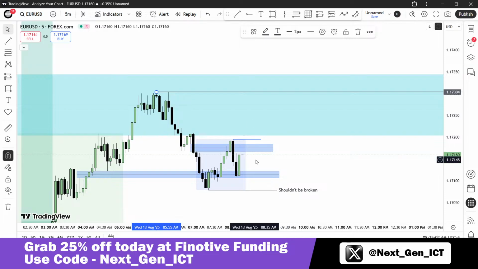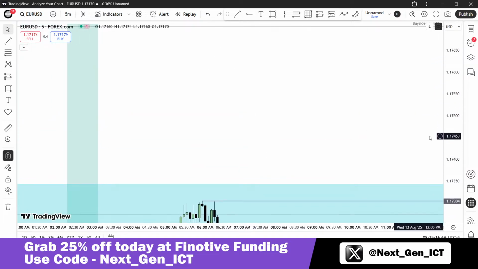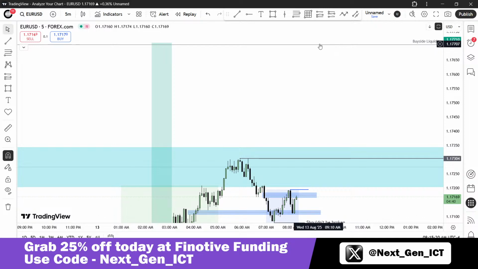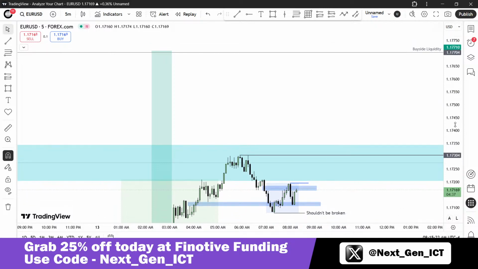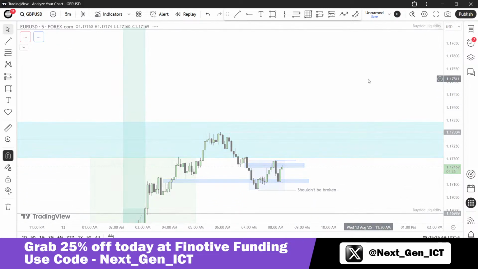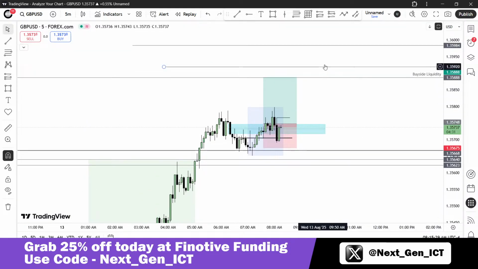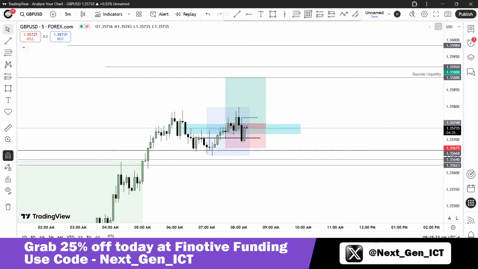So during New York session we're gonna take out that high and maybe form the high of the day. For EU, I don't think it can take out this daily high today, but for GJ I think it's gonna take out that daily high. And here's our two projection from the Asian sessions.